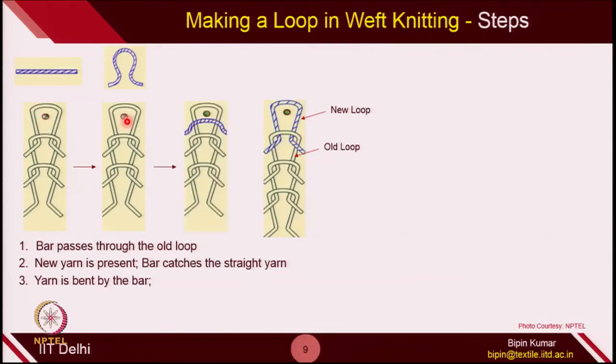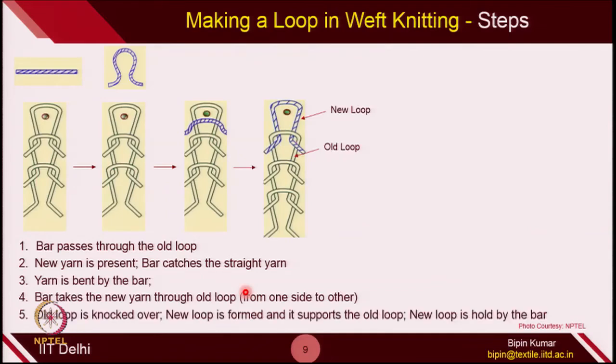So, we catch this new blue yarn, we then take this blue yarn from one side to the other side. This process is called either technical front or technical back, but for this figure we can say this is a technical back side. So, the bar takes the new yarn through the old loop from one side to other, it could be technical front or it could be technical back.